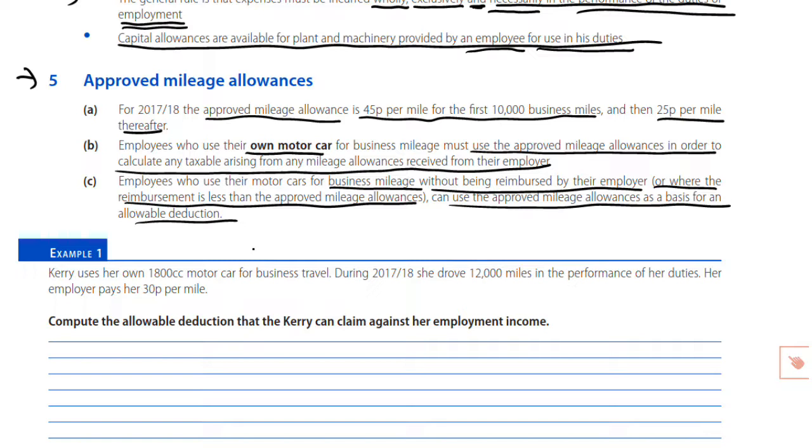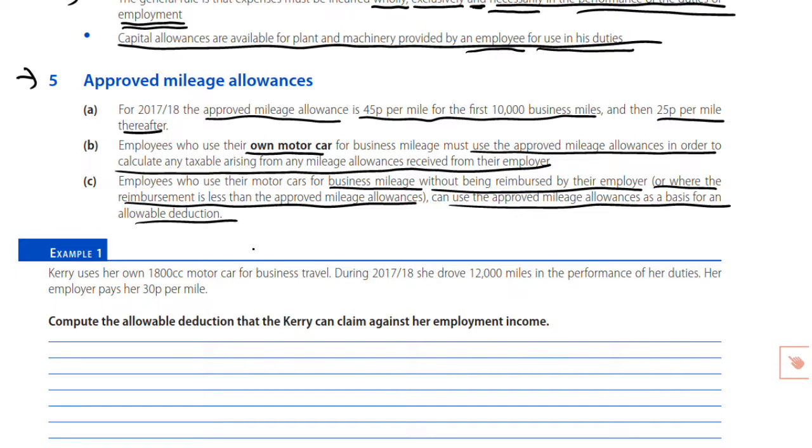For the amount of business mileage that has been incurred, we will apply the approved mileage allowance rates, up to 10,000 at 45p, above that at 25p. And we will compare that with the actual reimbursement that has occurred, whether it is a 30 pence, a 40 pence, a 50 pence rate, whatever it may be.